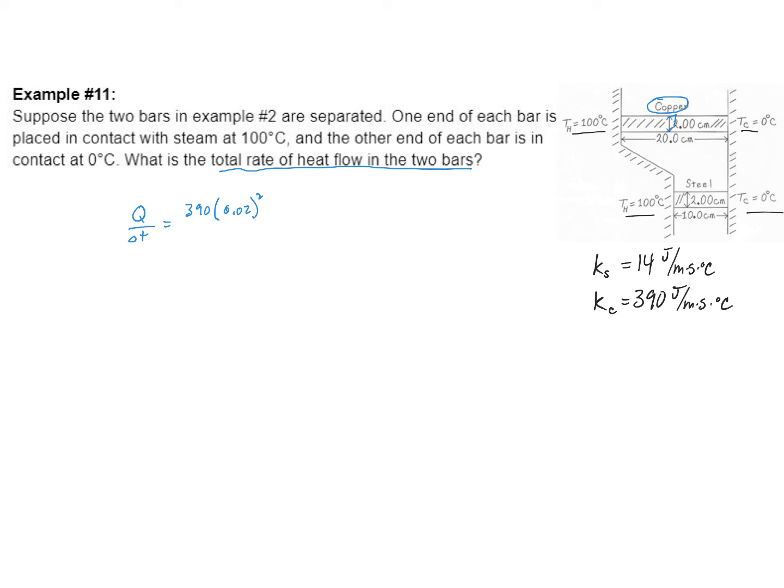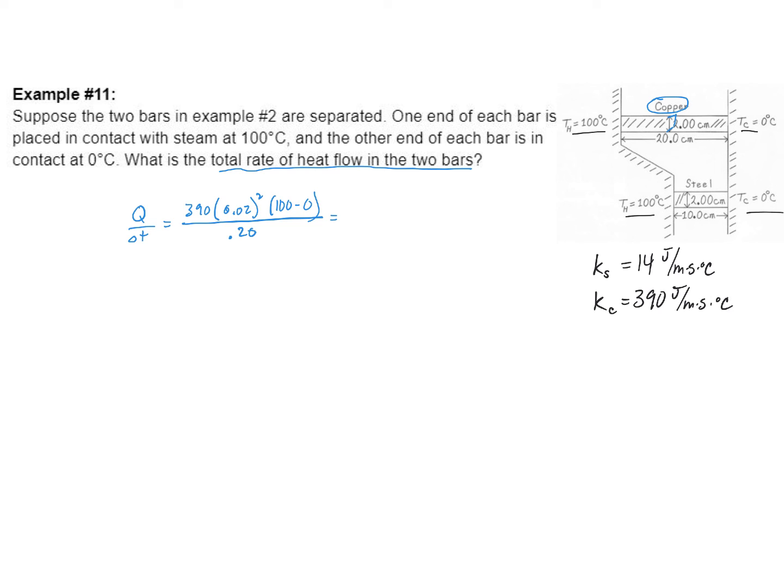And then times the delta T, which here is going to be 100 minus 0, because it starts at 100, goes down to 0. And then we will end up dividing by the length, which was 0.20. And from there, we should be able to calculate the heat transfer coefficient.